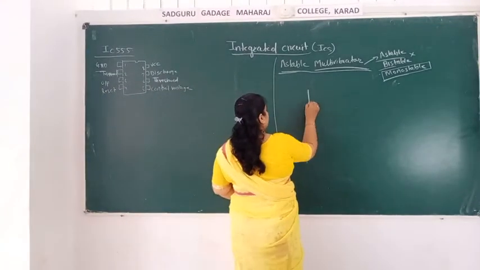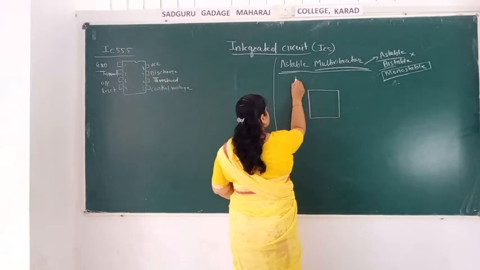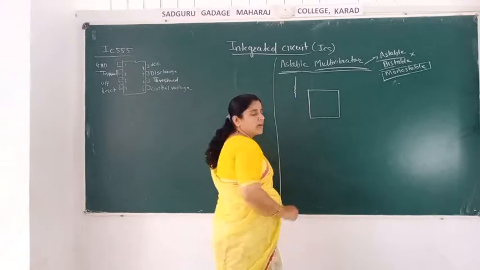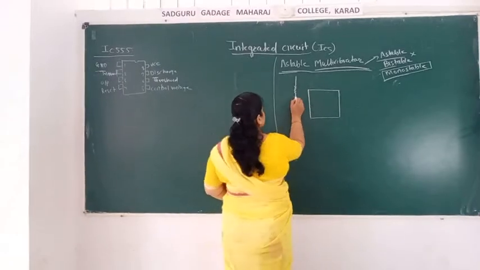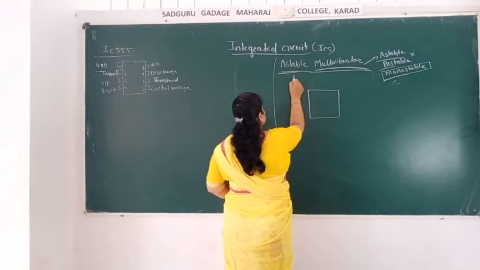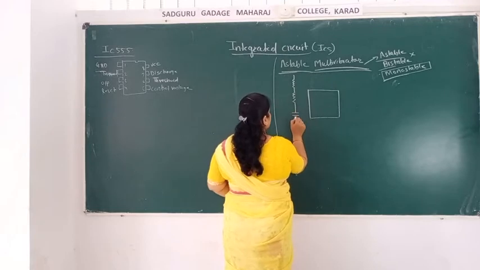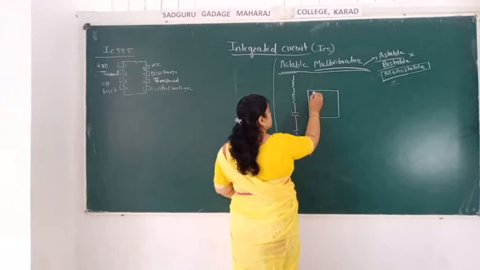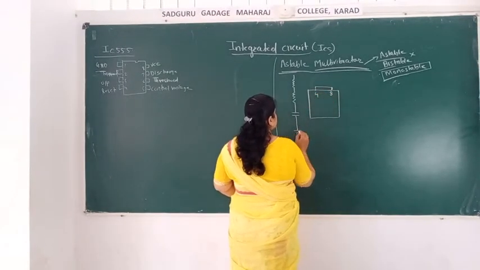The block diagram of this multi-vibrator is like this. In the monostable multi-vibrator we connect one R and C only. Here we are going to connect 2 resistors, that is RA and RB, and one capacitor C, and it is connected to the ground. Pin 4 and 8 are connected together.